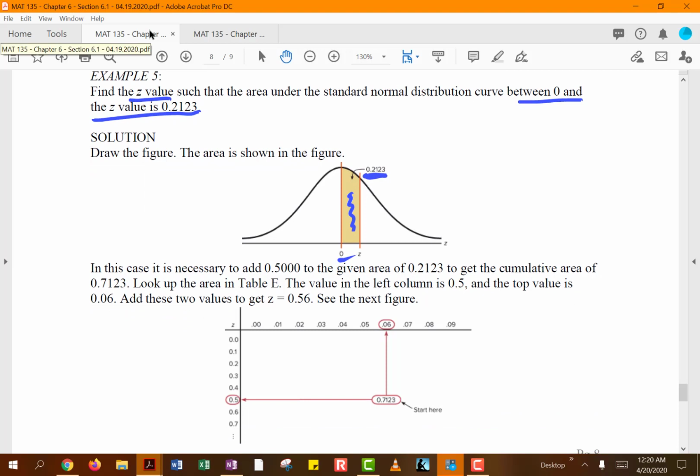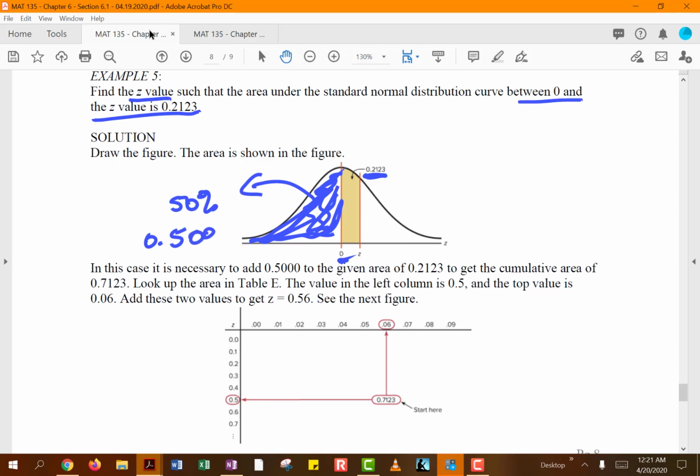So what you actually have to do, because remember our table always gives us the value which is to the left of our z-score, we actually have to add both these areas together. Now let me show you, let's get rid of this guy here. This portion that I have shaded in blue is all below the 0 z-score, or below the mean, which means this half is going to be 50%, or 0.5000.